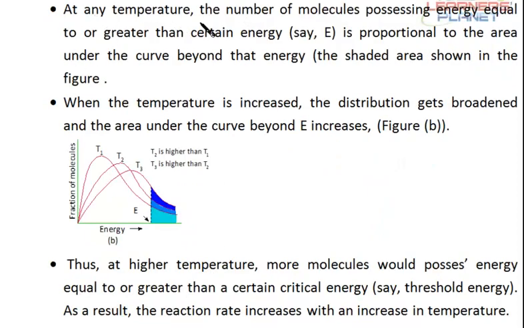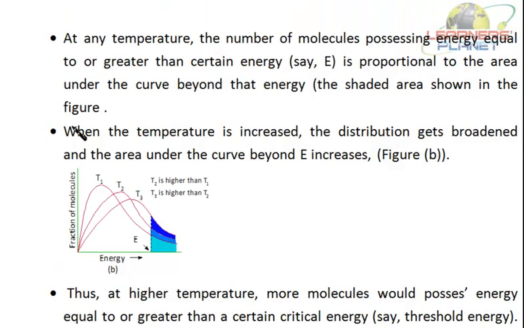At any temperature, the number of molecules possessing energy equal to or greater than a certain energy, say E, that is the threshold energy, is proportional to the area under the curve beyond that energy.